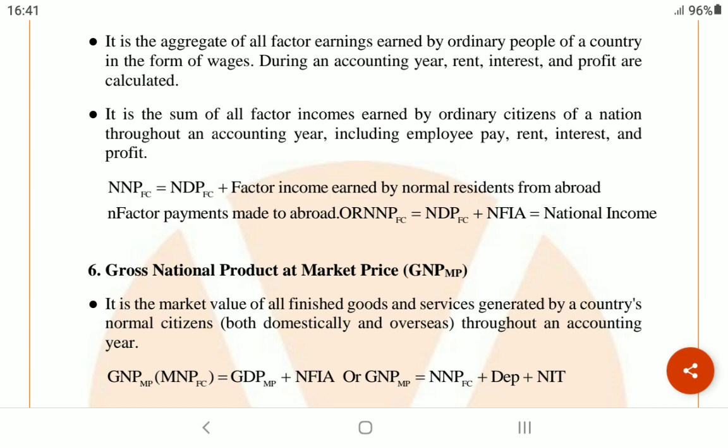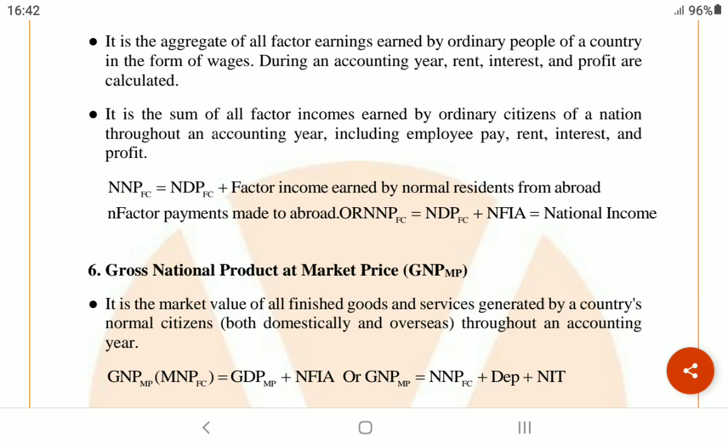So it is the sum of all the factor income earned by an ordinary citizen, how much he has earned throughout this accounting year, including employees' pay, rent, interest, profit, etc. The formula will be NNPFC is equal to NDPFC plus factor income earned by normal residents from abroad minus factor payment made to abroad, or NNPFC is equal to NDPFC plus NFIA is equal to national income. So this is the formula.